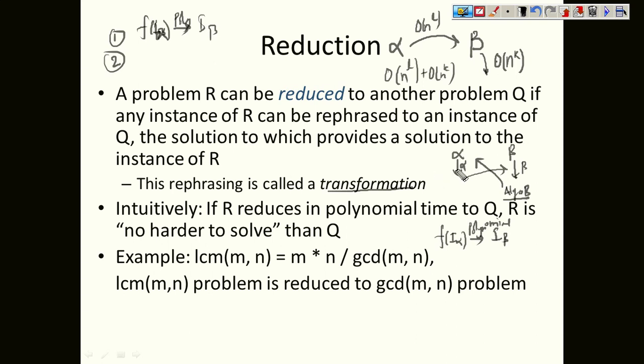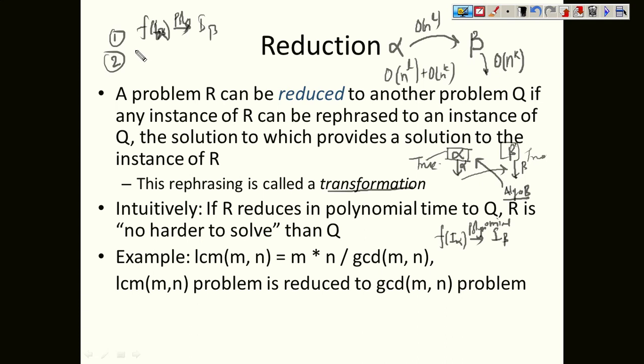Decidability means if for a set of inputs the decidability of alpha is true, then for the same set of instances the decidability of beta must also be true.